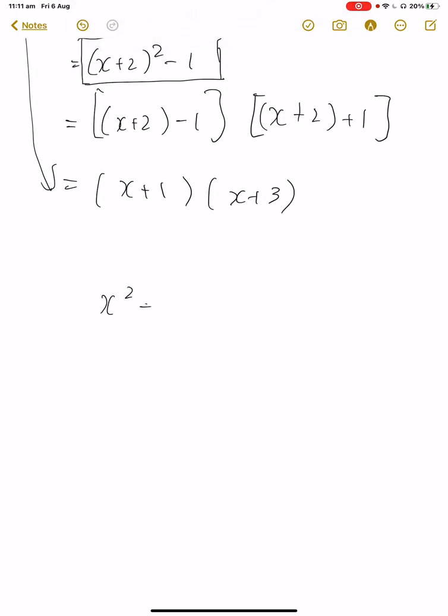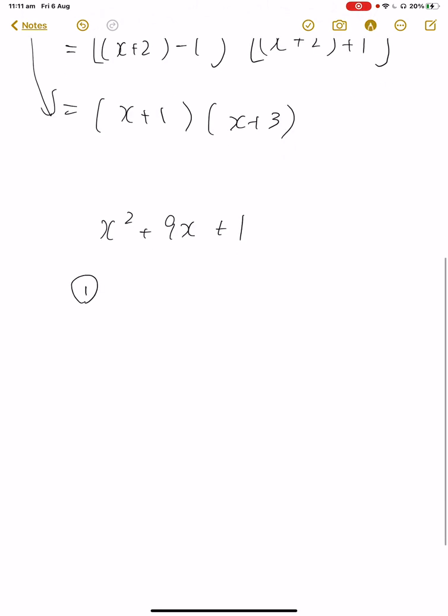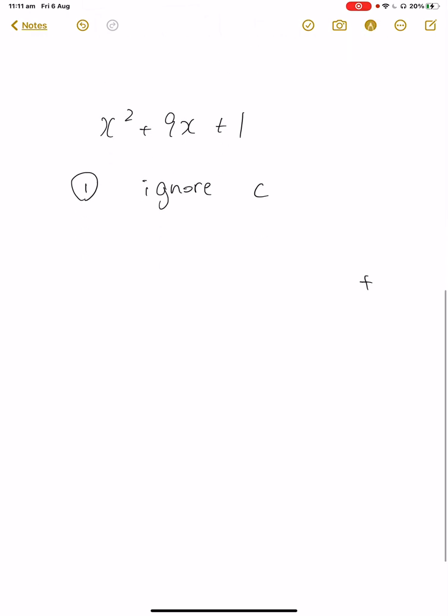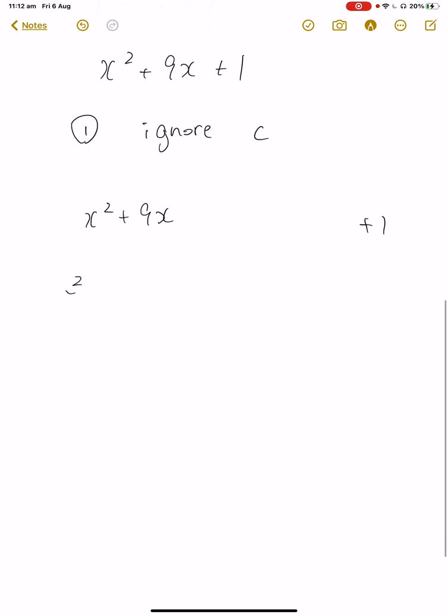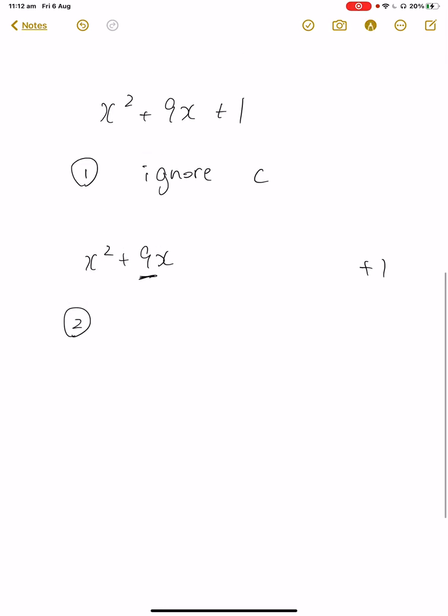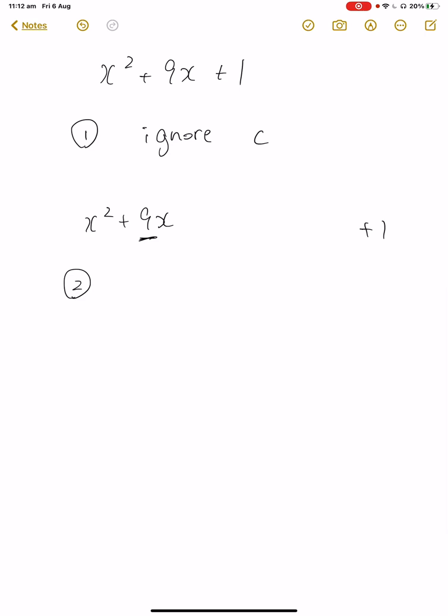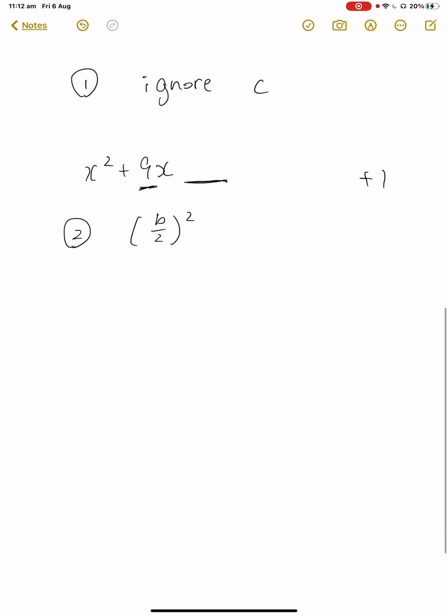x squared plus 9x plus 1. So step 1, ignore the c. We're going to let the c be way over here. Then x squared plus 9x. Then step 2. Obviously 9 is a relatively large number, so you want to use the formula b on 2 all squared to get your c value in your general form that you're going to be creating a square with.